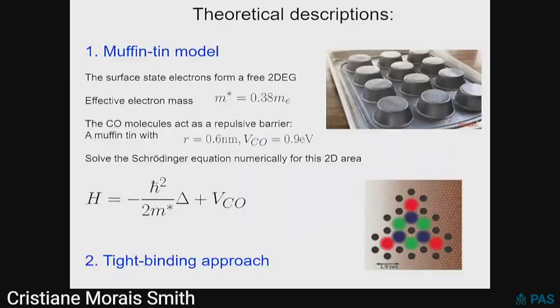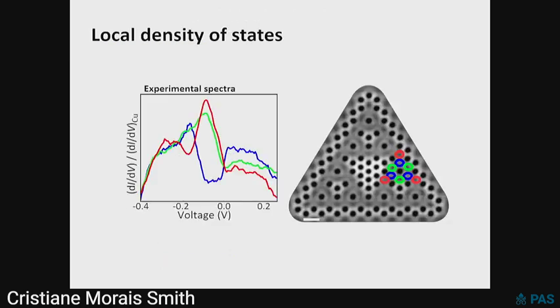So we build this, and we then have to calculate a very simple problem, the Schrödinger equation in a fractal geometry. You know the height of the barriers, you know the size of the barriers, the radius and the height. It's very easy. And then we can also use a tight binding model to see whether the continuum and discrete descriptions match.